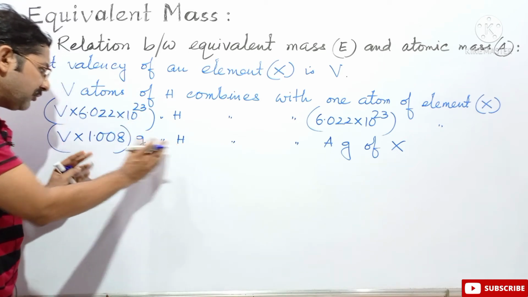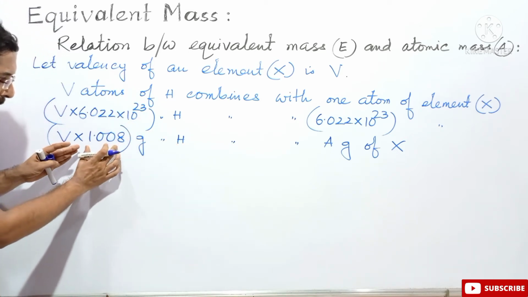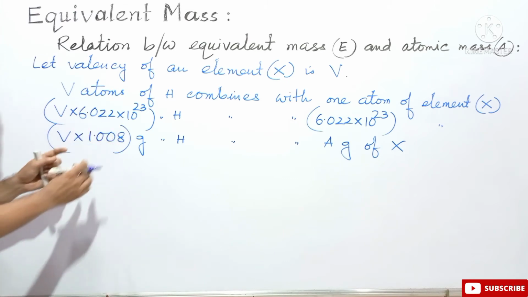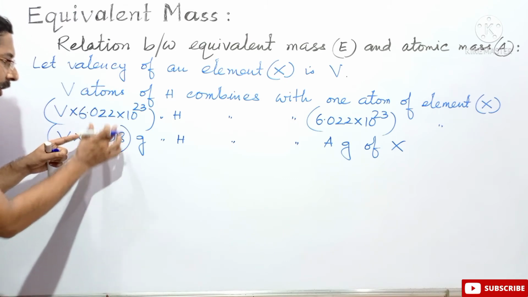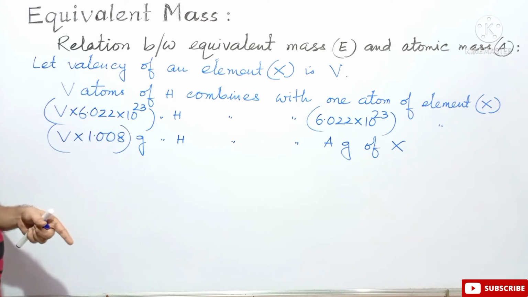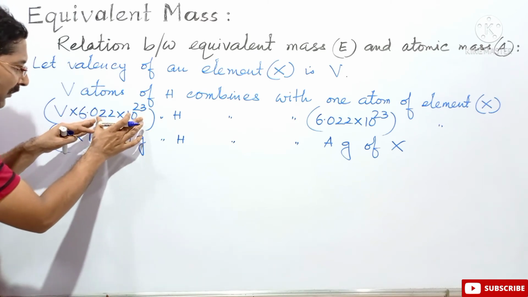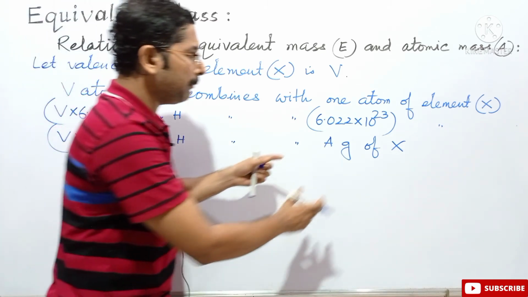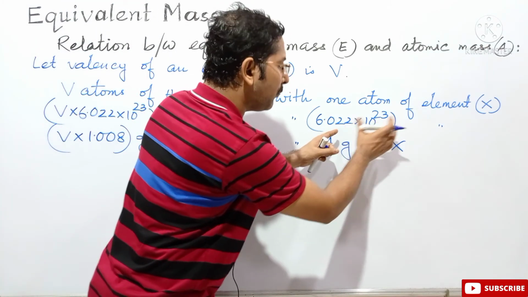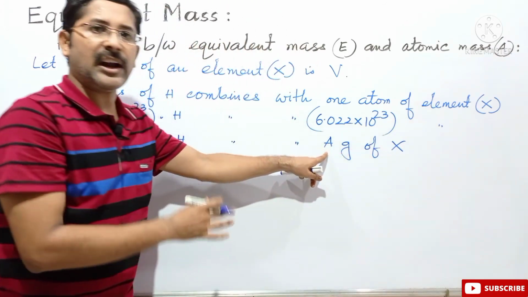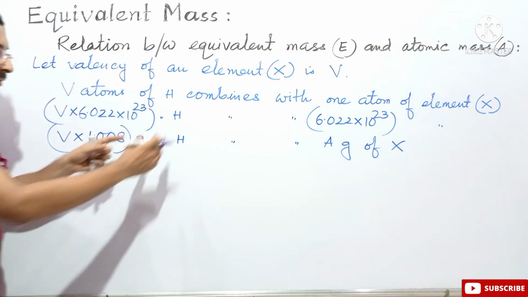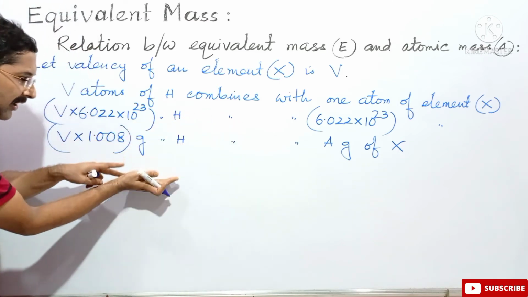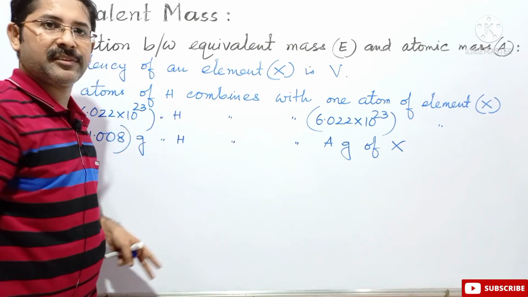Atomic mass of hydrogen is 1.008 and 1.008 gram of hydrogen contains this number of hydrogen atoms. So the mass of this number of hydrogen atoms is 1.008, and similarly mass of this number of atoms of the element X is its atomic mass. So in the second line it was the number of atoms, and in the third line it is the mass of these elements.